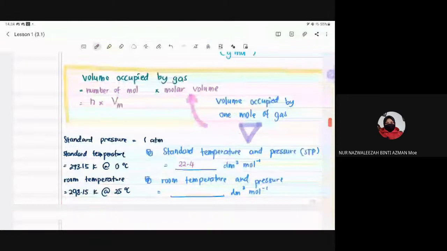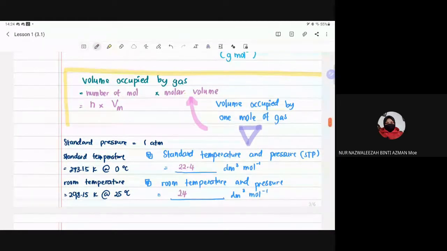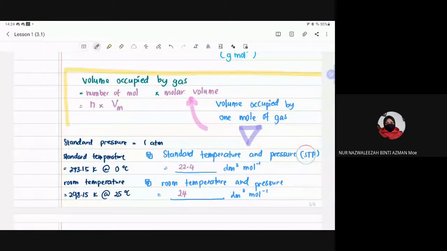And then room temperature and pressure pula, it is 24 decimeter cube per mole. Bermaksud, kalau saya ada 1 mole of any gas, it will occupy 22.4 decimeter cube kalau dekat STP. And 1 mole of any gas will occupy 24 decimeter cube at room temperature and pressure.